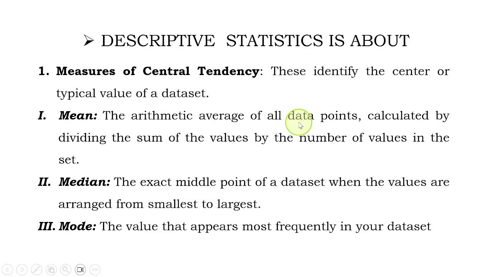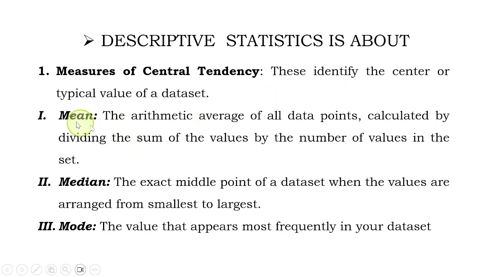So there are three important elements of descriptive statistics. The first one is the measure of central tendency. These measures are very important because they identify the center of the data set.